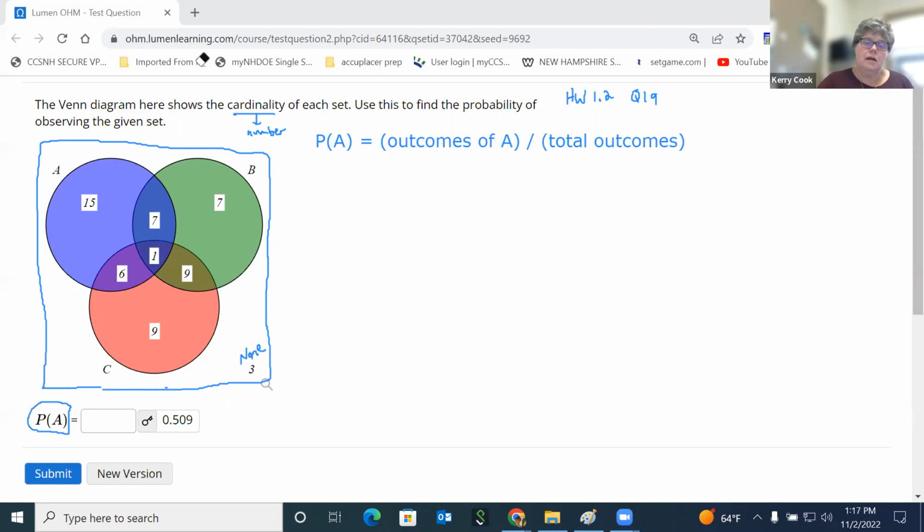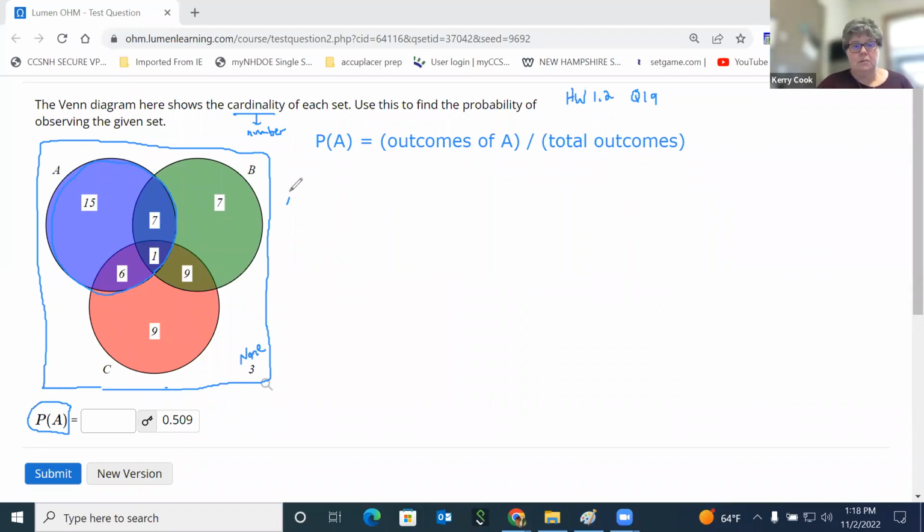So how are we going to go about solving this problem? What we're going to do is try to figure out the total number of elements or outcomes that are in A, and the total number all together in the problem. So let's start with A. Looking at the circle called A, you can see that inside that circle, there's a space with 15 elements, 7 elements, 1 element, and 6.